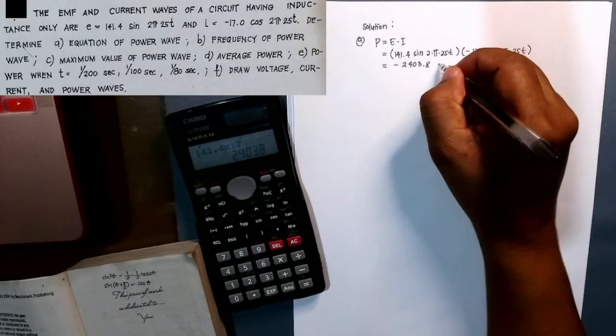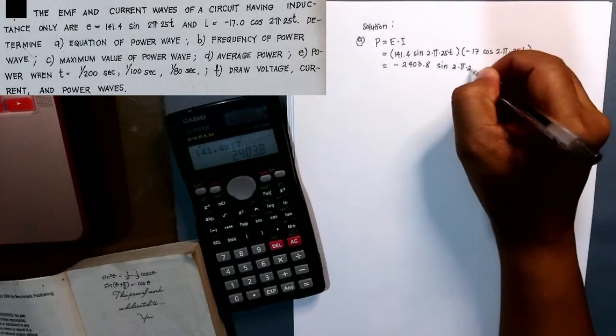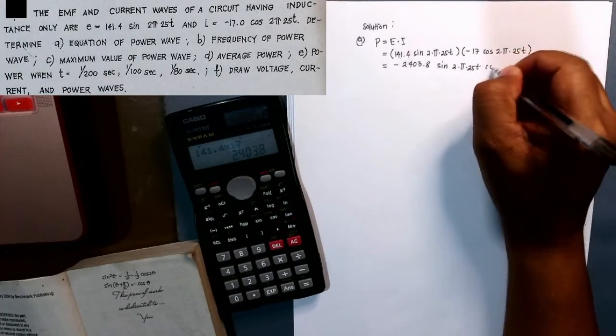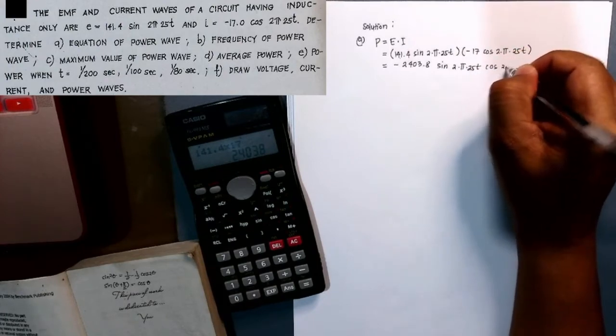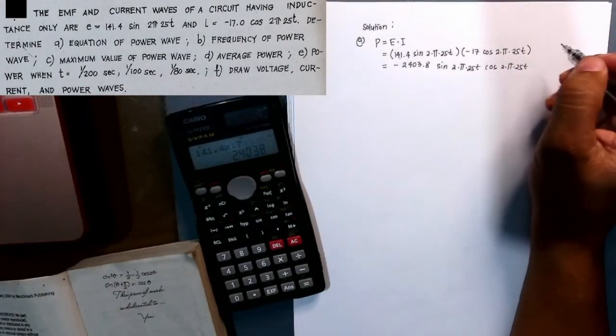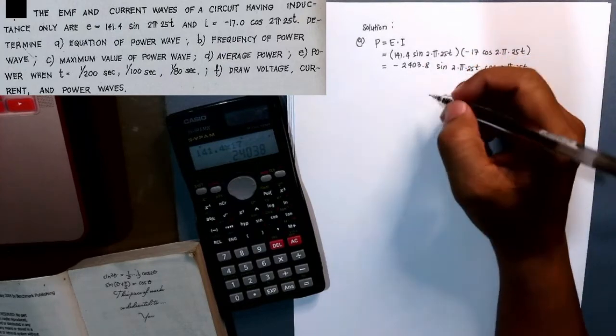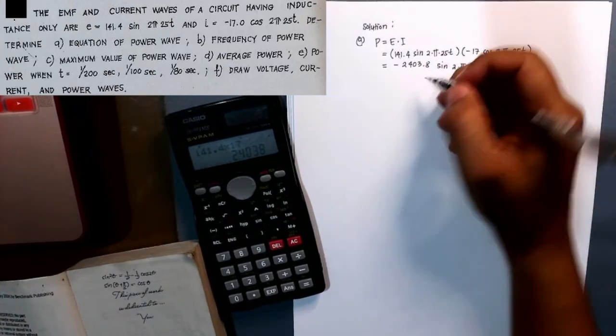I just copy sine 2 pi 25t and cosine 2 pi 25t. Now we are going to apply the trigonometric identity.